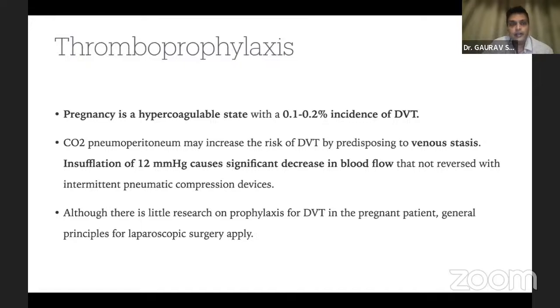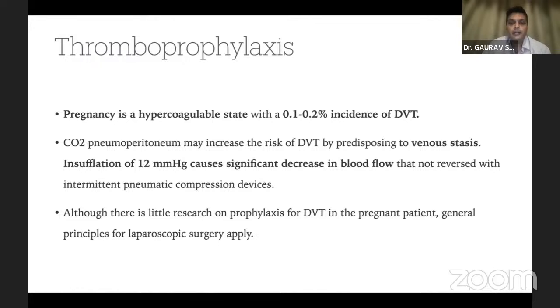Next, we come to the point about thromboprophylaxis. And as you all will know, pregnancy is a hypercoagulable state. There is a very small risk of deep vein thrombosis and pulmonary embolism.